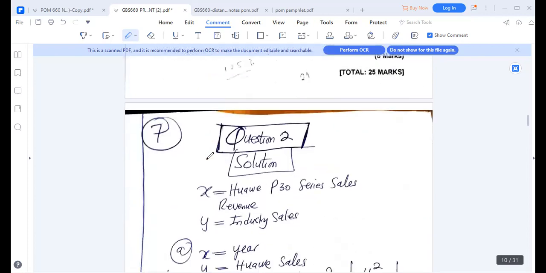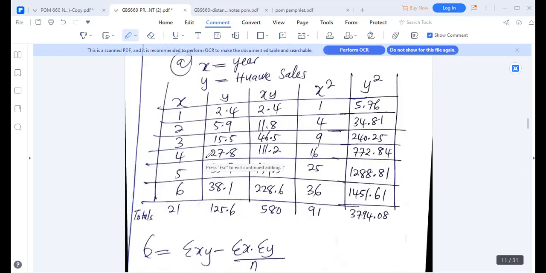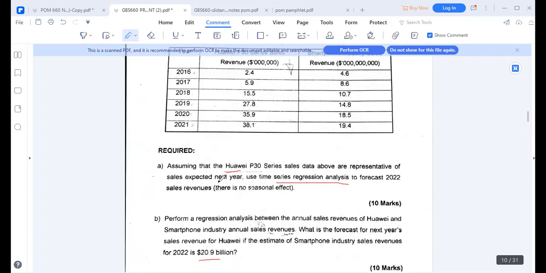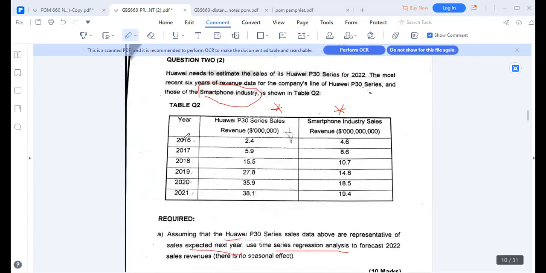Because you're saying perform using the year, we want to find the expected value for the year. So the year is the independent variable. Like I mentioned, you're supposed to identify the X variable, which is the independent variable, and then the Y variable, which is the dependent variable, as we look at forecasting and forecasting techniques.